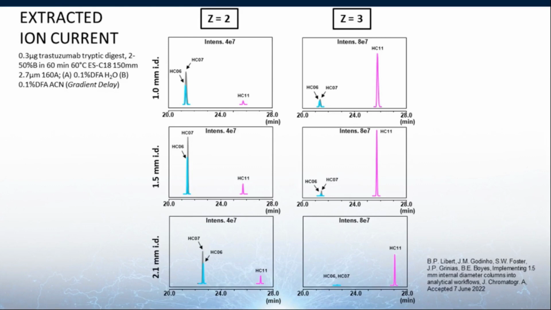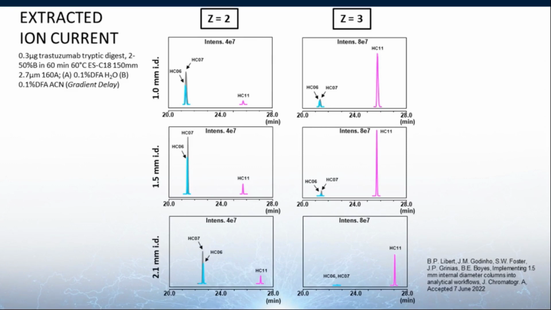We extracted the ion current for some particular peptide fragments, and these are shown here by charge state. So on the left-hand side, the charge state is 2, and on the right-hand side, the charge state is 3.